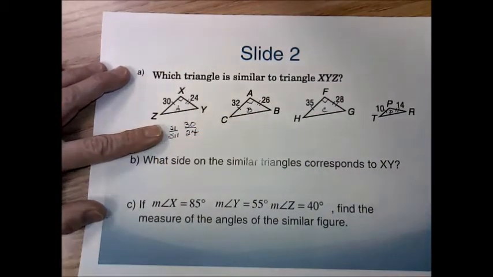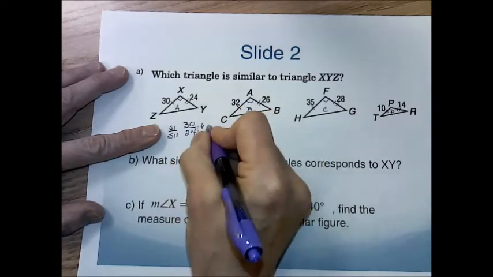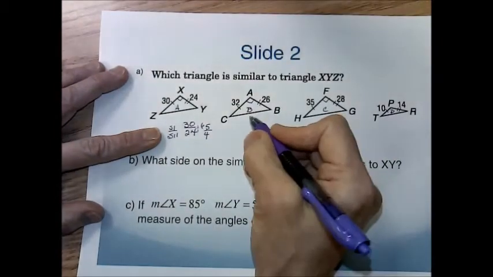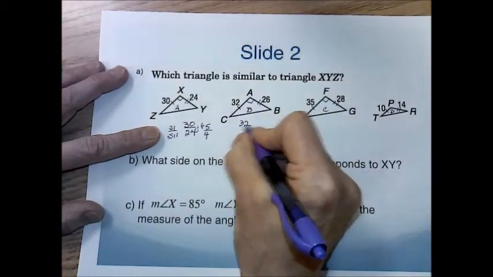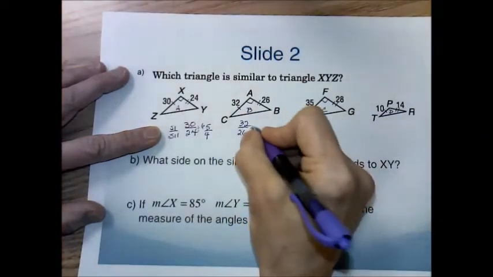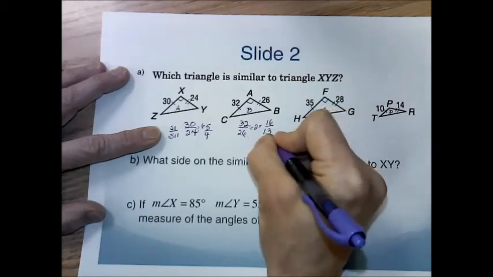Well, that ratio reduces. If we divide by 6, that would be the same as 5 over 4. The next triangle, our side 1 and side 2, would be 32 over 26. And if we divide by 2, that's going to reduce to 16 over 13.